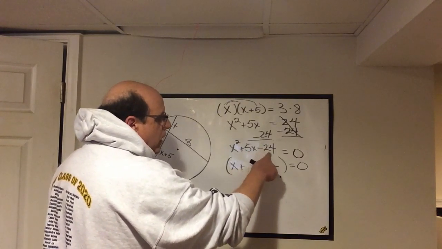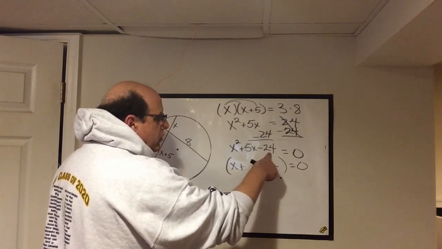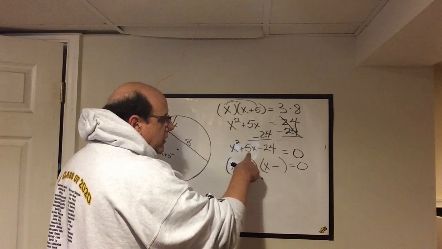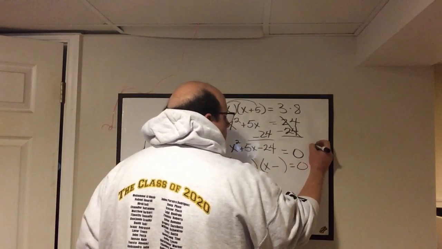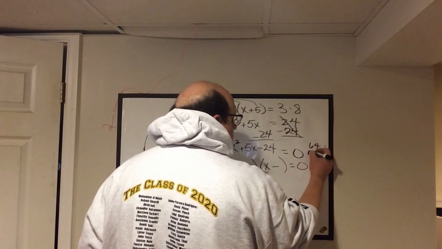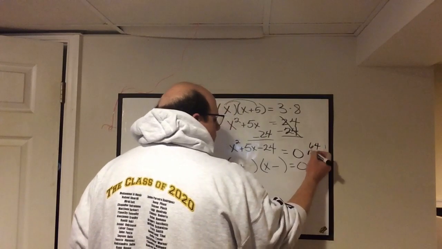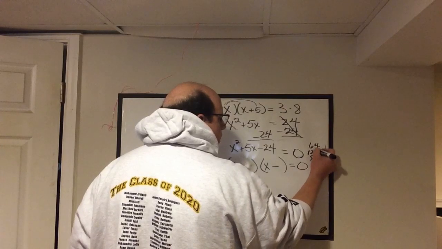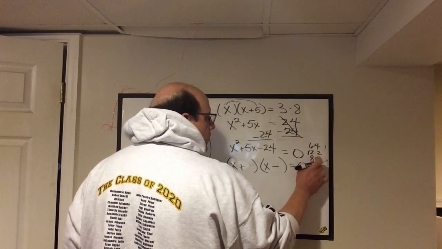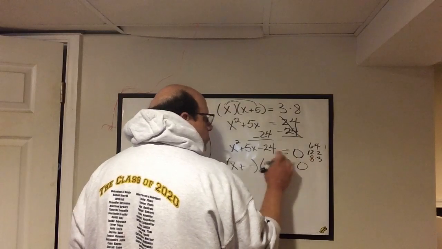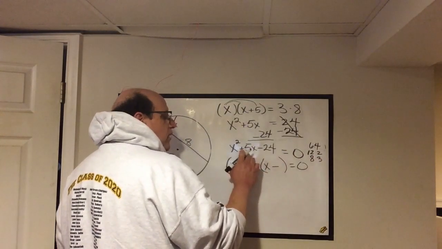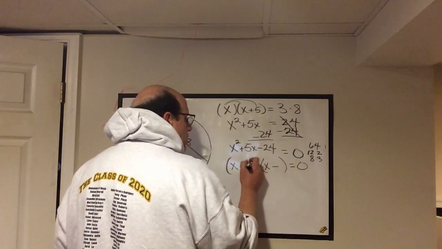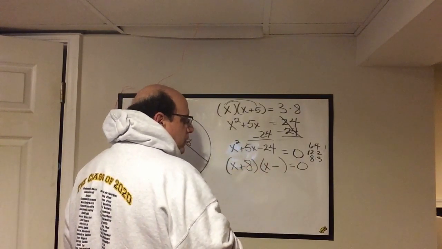I'm not going to try 12 and 2 because 12 minus 2 is 10, and that's not a 5. There are all these factors of 24, right? 6 and 4, 12 and 2, and then last but certainly not least, 8 times 3. If I subtract 3 from 8, I get 5, so I know I'm good. And I need it to be positive, so I need my larger value next to the addition symbol, and 3.